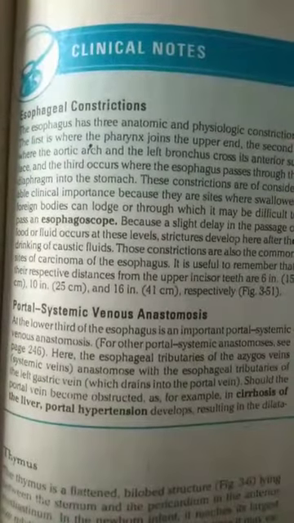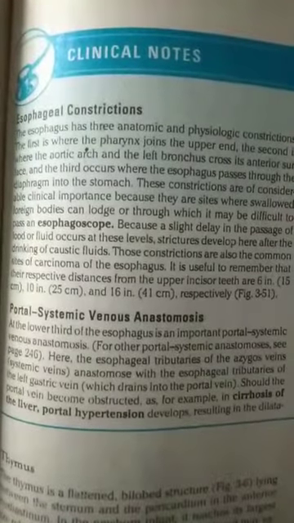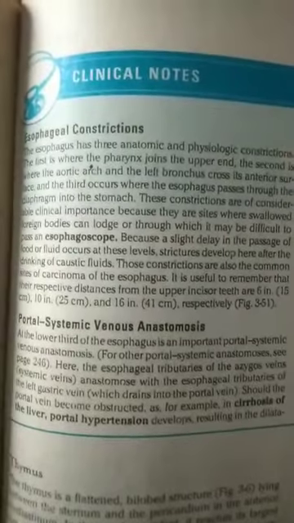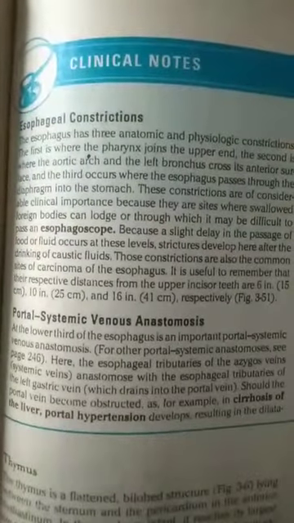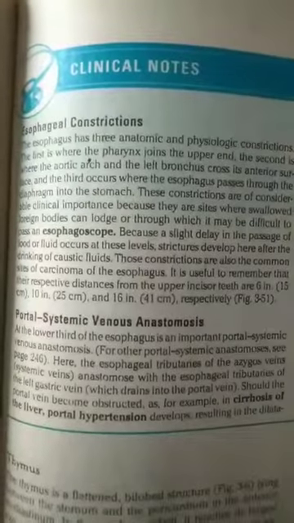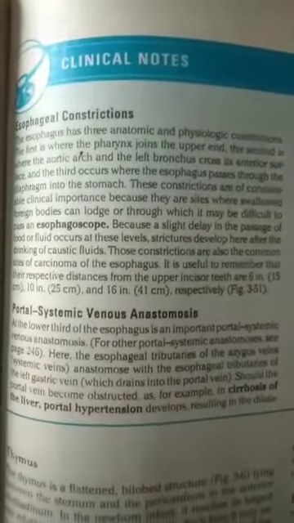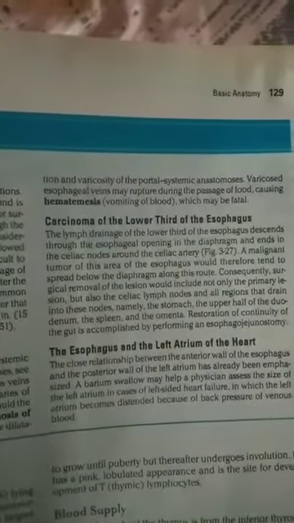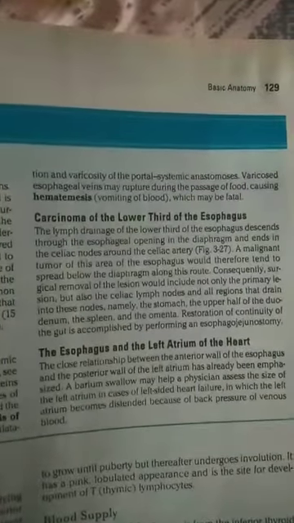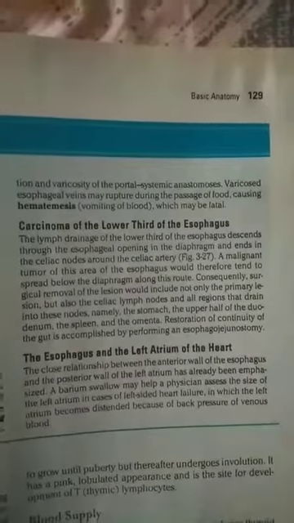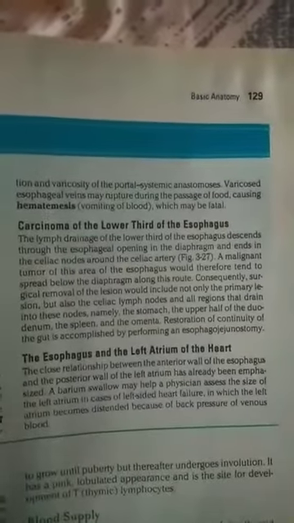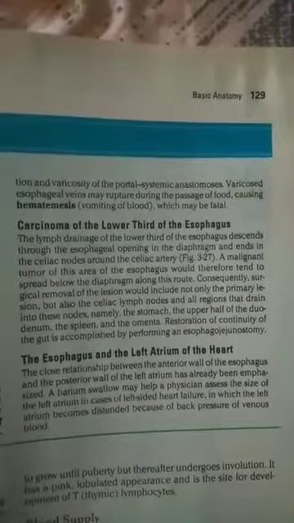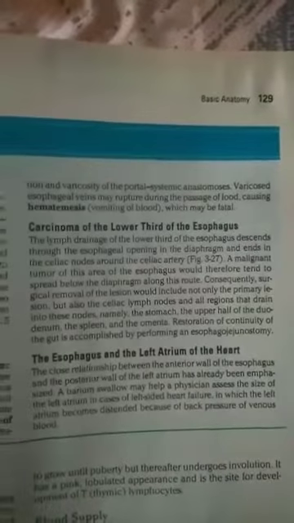Should the portal vein become obstructed, as for example in cirrhosis of the liver, portal hypertension develops, resulting in the dilation and varicosity of the portal systemic anastomosis. Varicosed esophageal veins may rupture during the passage of food, causing hematemesis, which may be fatal.